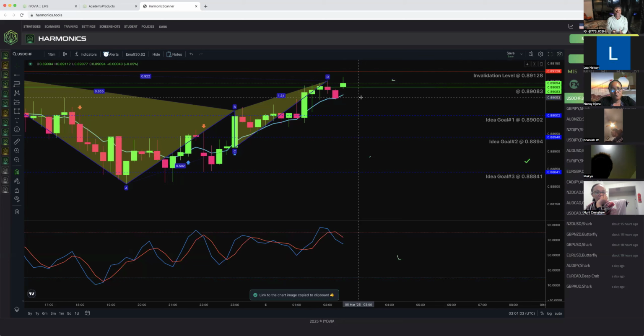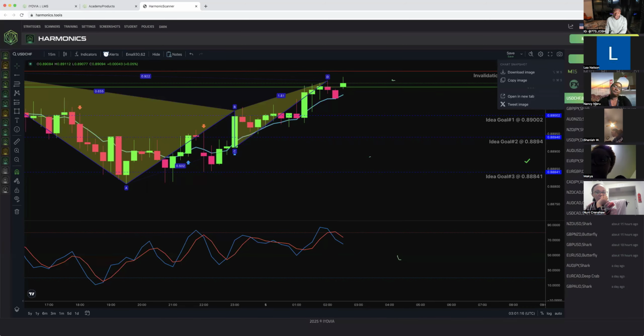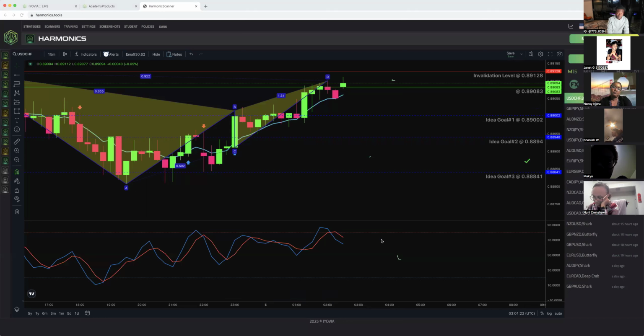And even if you don't know how to draw on your chart and make it look all pretty, whatever you want to call it, just type it out in the Telegram chat. Copy the link, just like this, and send it to the Telegram chat, just like that, and say, this was a good setup, but the RSI was not in the right zone for me to want to take this trade.